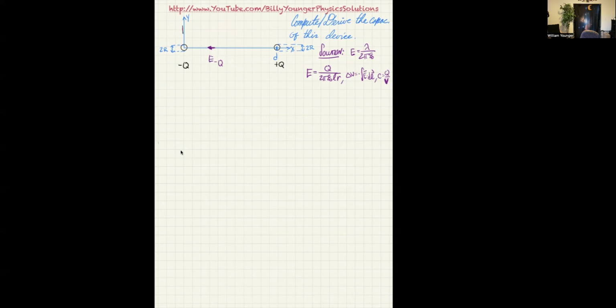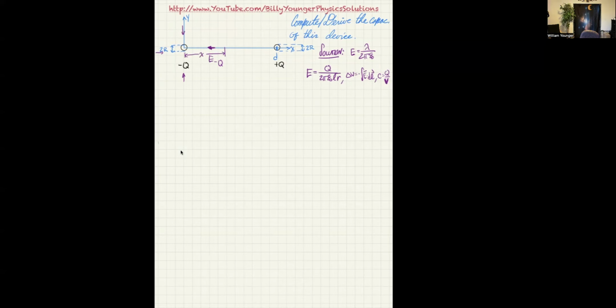Of course, it's also pointing this way, and this way, and so on and so forth. But the main thing is it's that, and it's given by the formula I just wrote, and we'll call the distance from here to, let's say, here, just x.